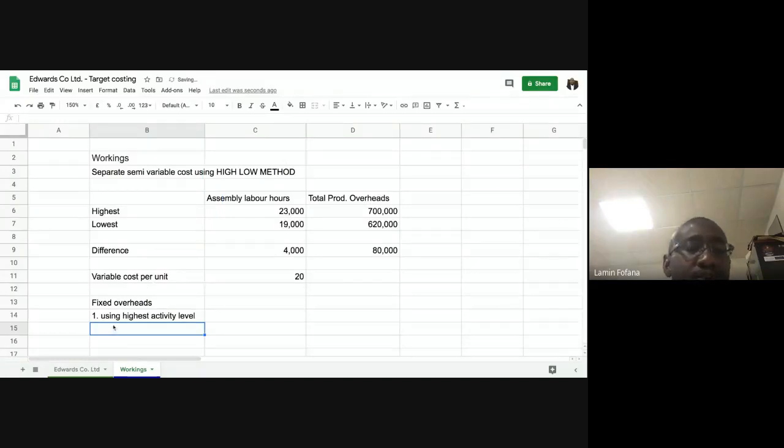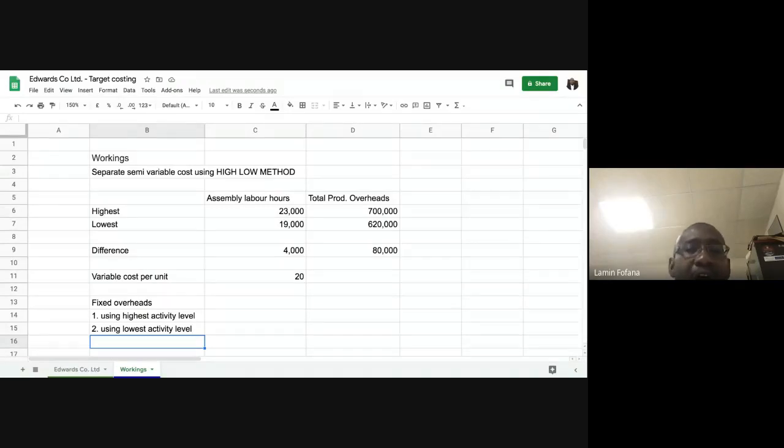So we're going to calculate the fixed overhead twice, which should be the same. 1 by using the highest activity level, and then 2 by using the lowest activity level. So just copy and I just modify it. So using highest activity level and using lowest activity level.